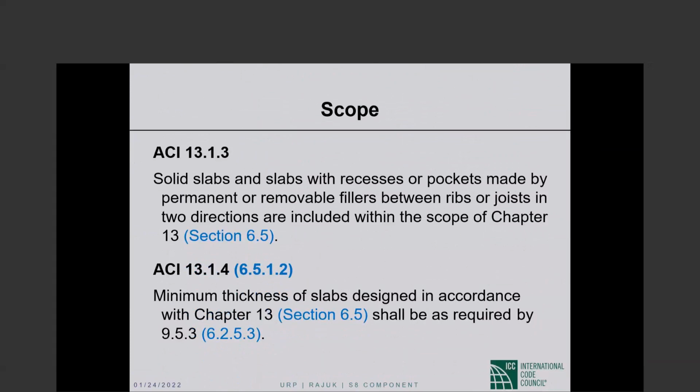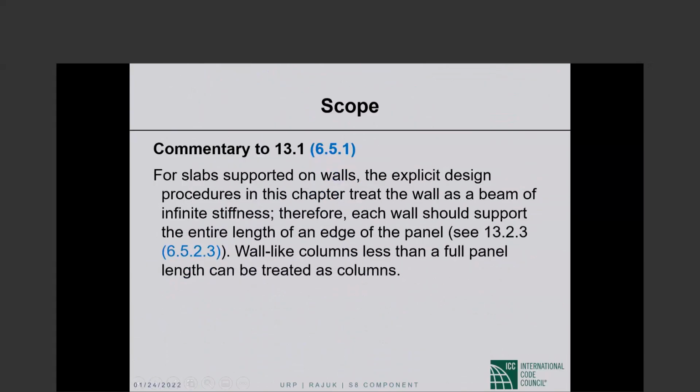Minimum thickness of slabs are given actually in Chapter 9, and we have discussed some of it, and we will rediscuss some of it. For slabs supported on walls rather than beams, the explicit design procedures in this chapter treat the wall as a beam of infinite stiffness.